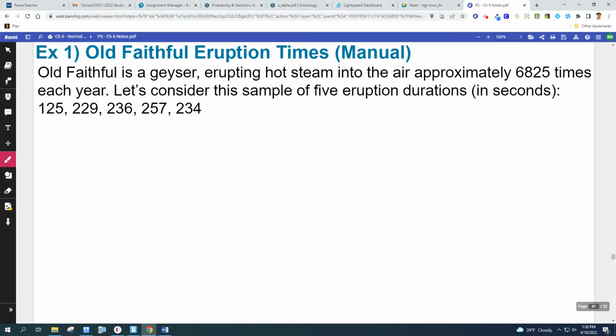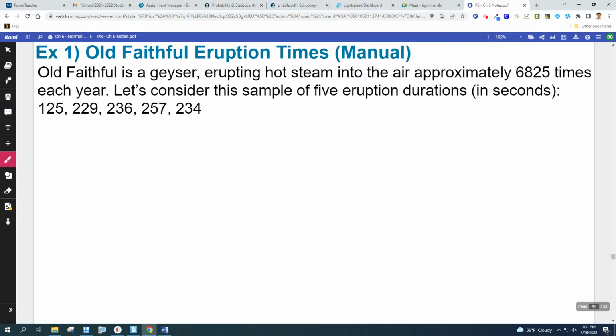Number 1, Old Faithful eruption times. Old Faithful is a geyser erupting hot steam into the air approximately 6,825 times each year. Let's consider this sample of 5 eruption durations in seconds.